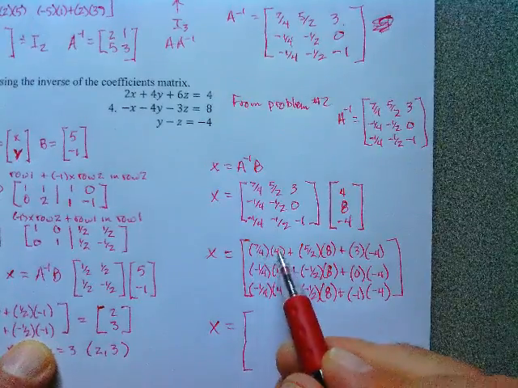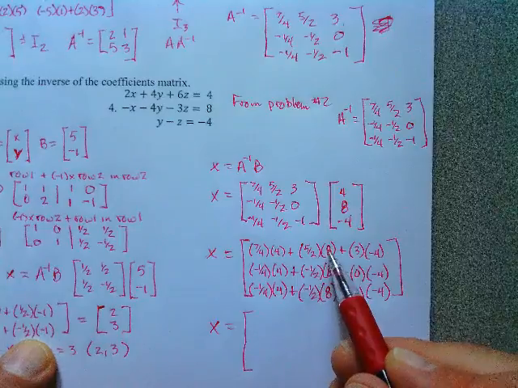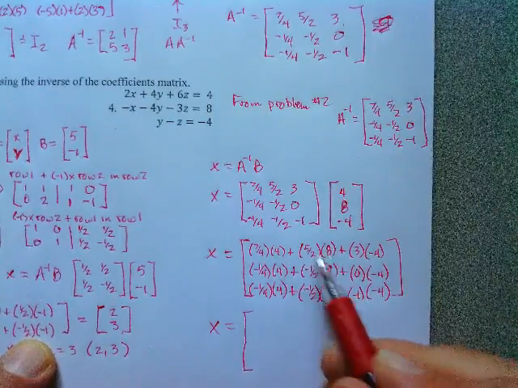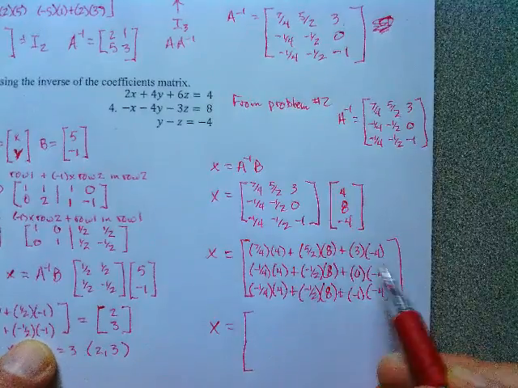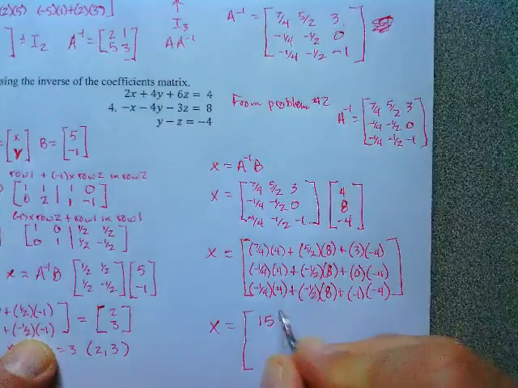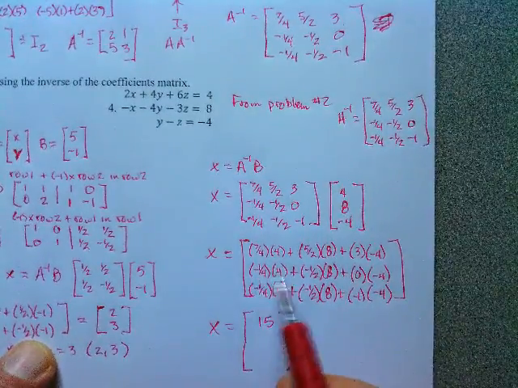So 7/4 times 4, that's 7, plus 5/2 times 8, so that'll be 20. 7 and 20, 27, 27 minus 12, 15. Here we'll have 1, actually -1.